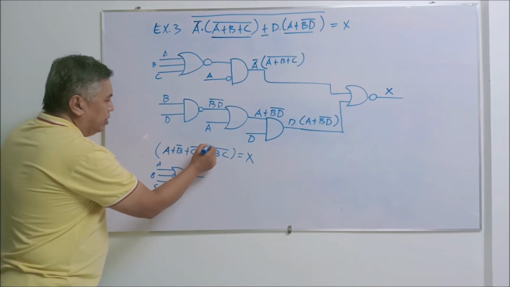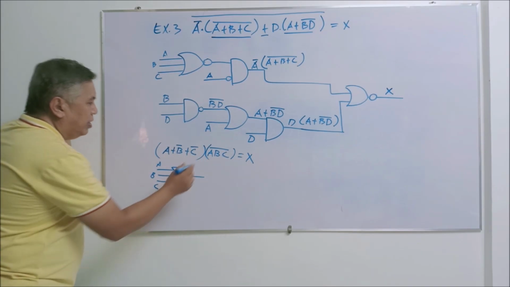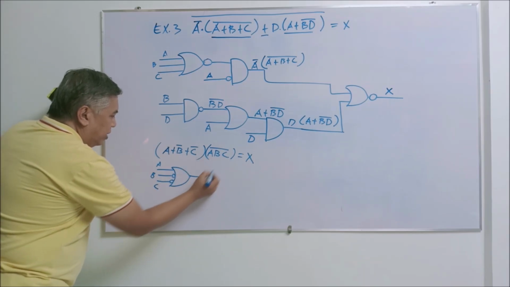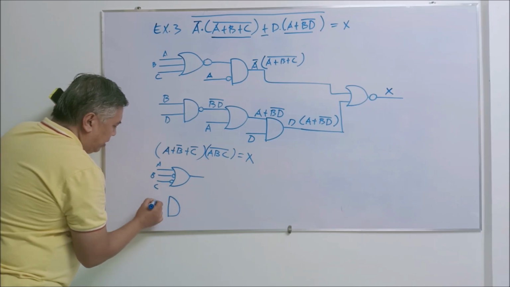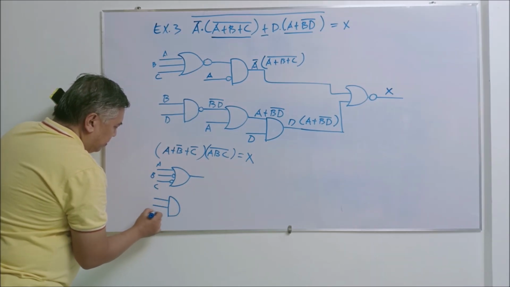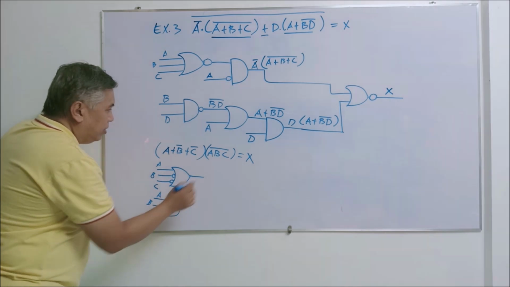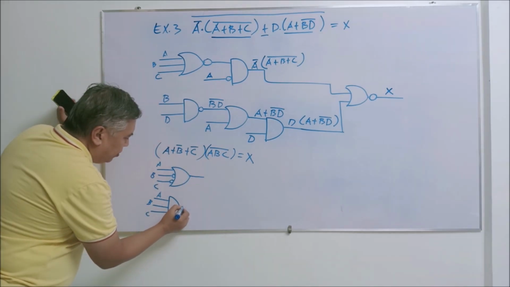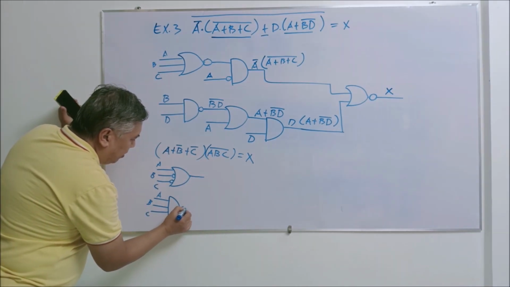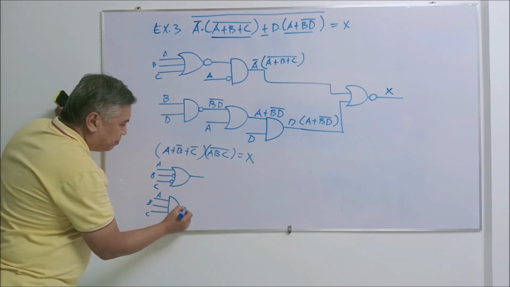And then you have ABC, no? Multiplied to ABC. So you have this one here is a NAND gate. Okay, A, B, C. So take note that all of the variables are complemented. So the complement or the inverter is placed at the output part of the symbol.